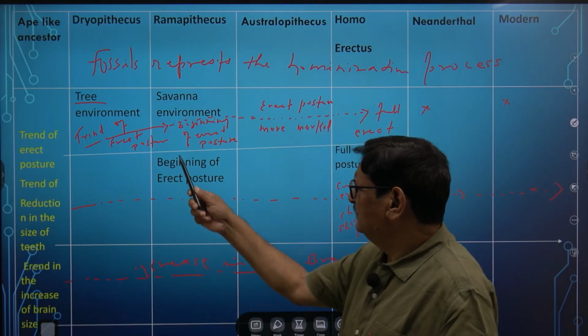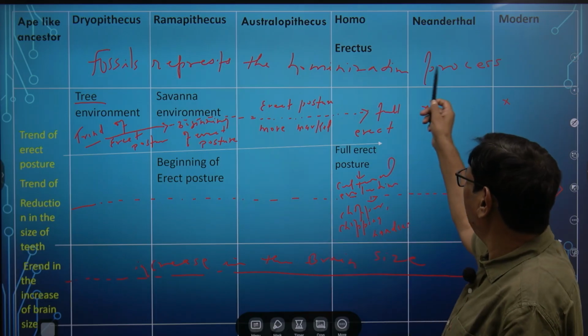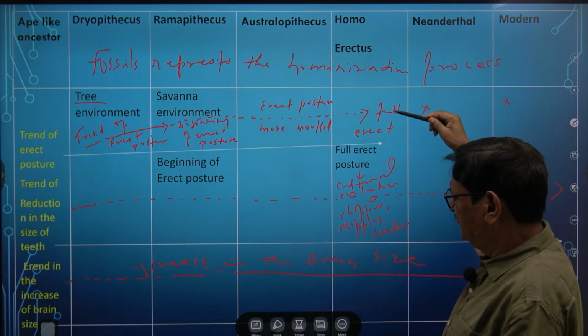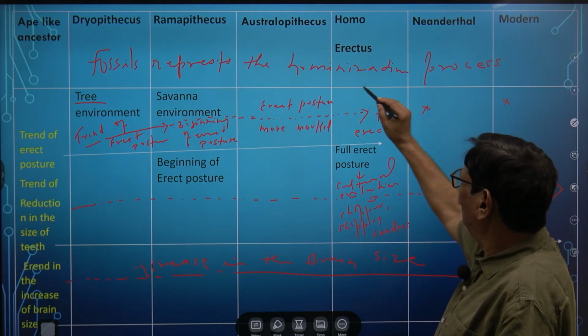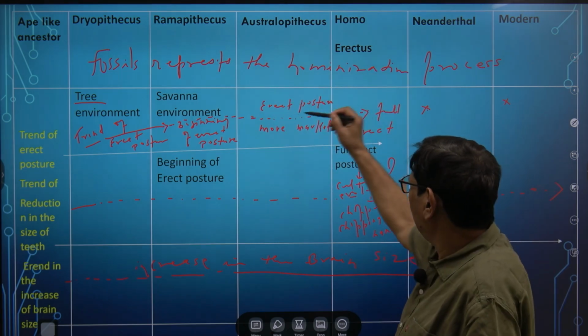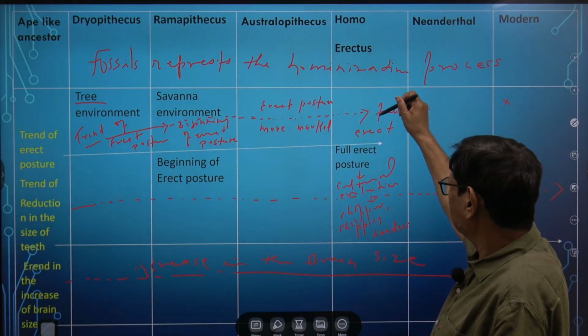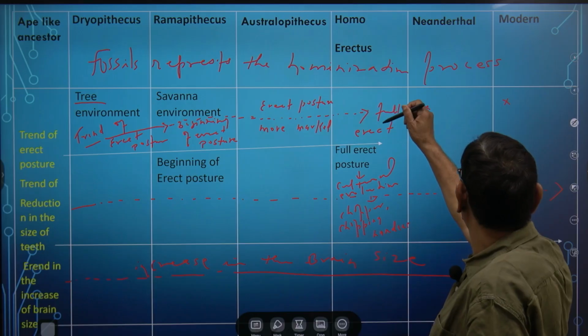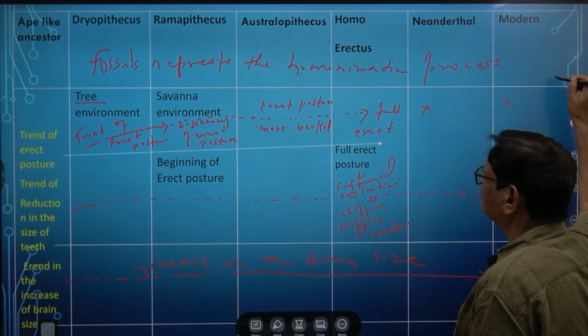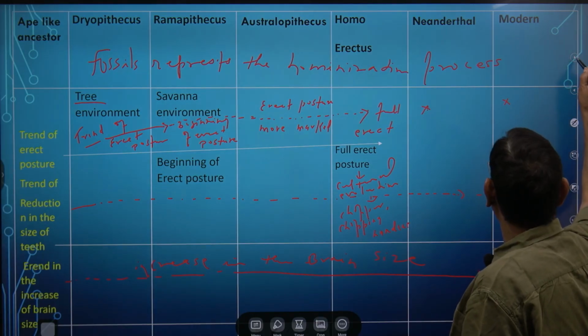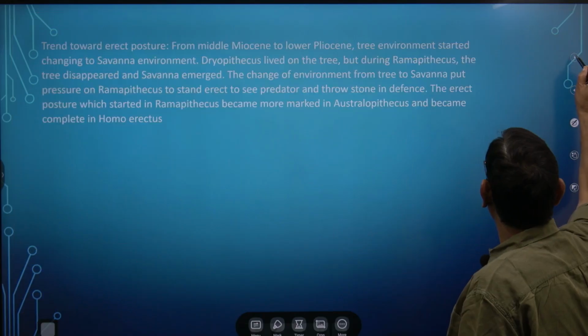So that question can be answered from this. Actually, erect posture got completed in Homo erectus.